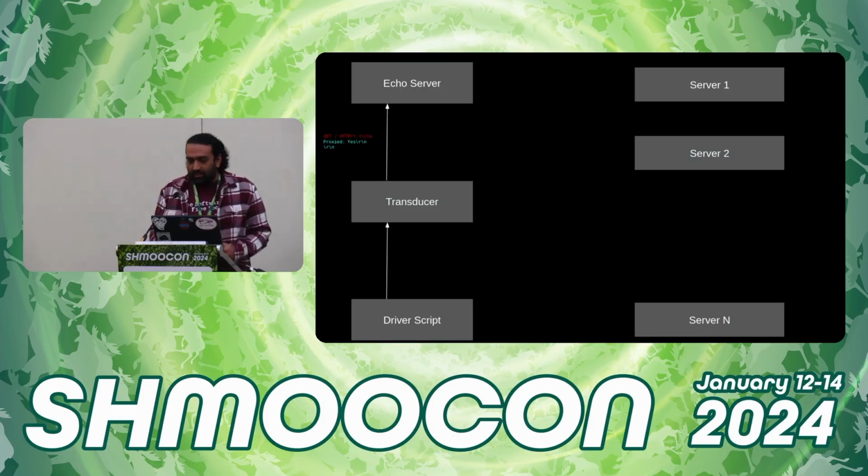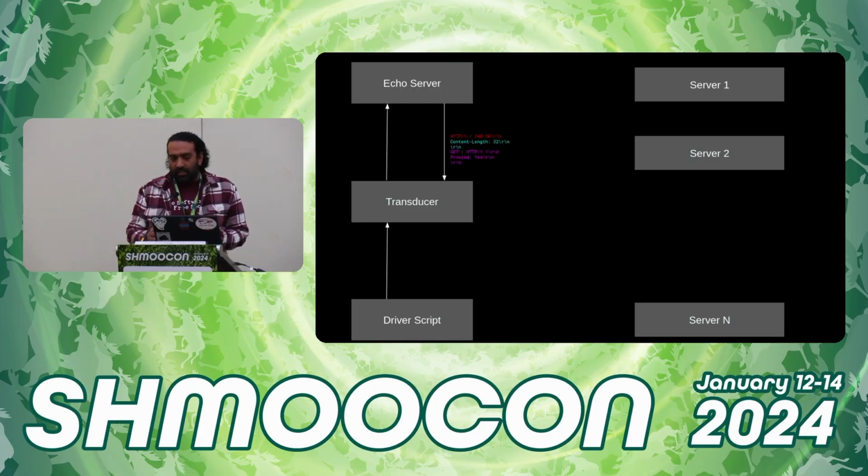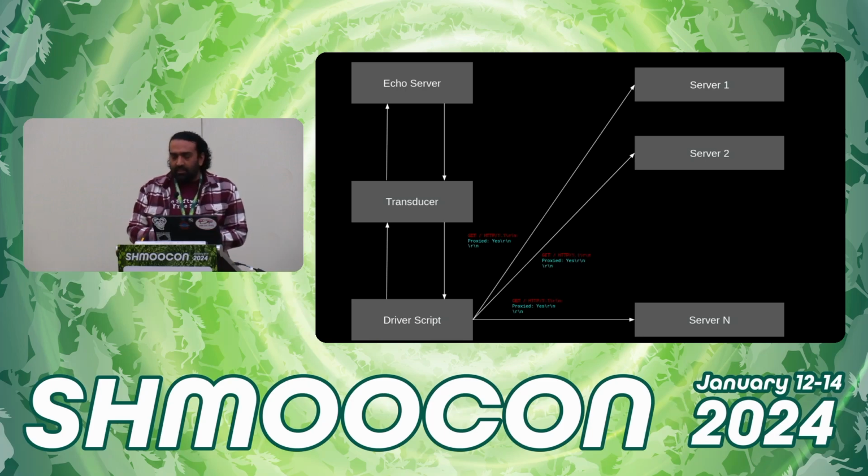And the transducers then forward these requests to an echo server that we have set up. And the echo server essentially just grabs whatever it got as a request and puts that in the HTTP response body and sets the right content length and sends it back to you. So then the transducers pass it on back to the driver script as well. And then the driver script can grab the payload from the transducers and then pass it on to all of these servers that we have configured.